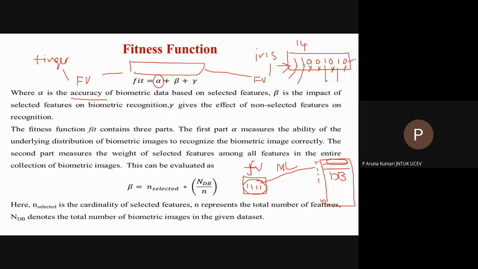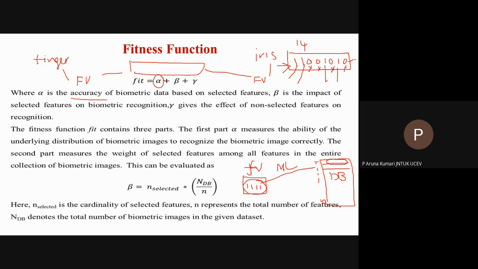In general, the most suitable machine learning algorithms are either support vector machines or the C4.5 decision tree algorithm. In general, these two will give you the best results when you are trying to find the accuracy in your fitness function.